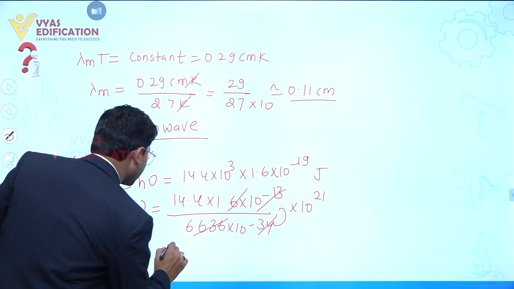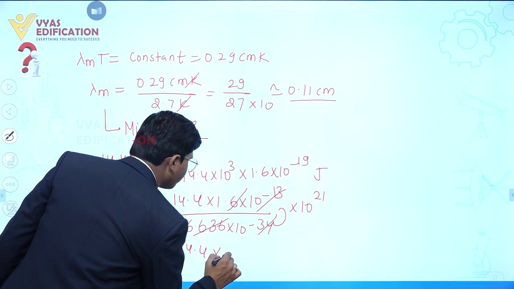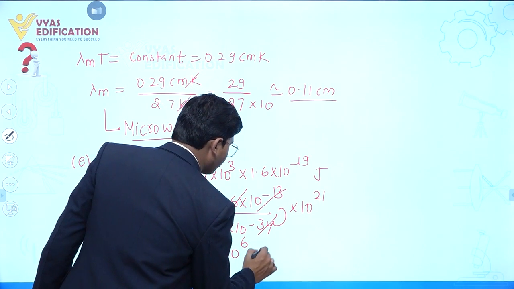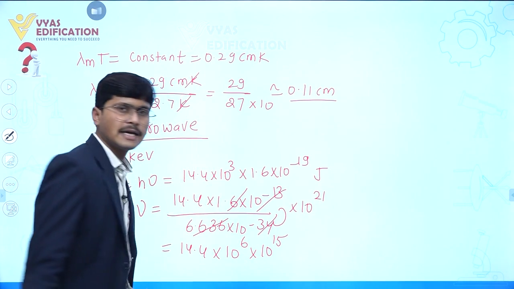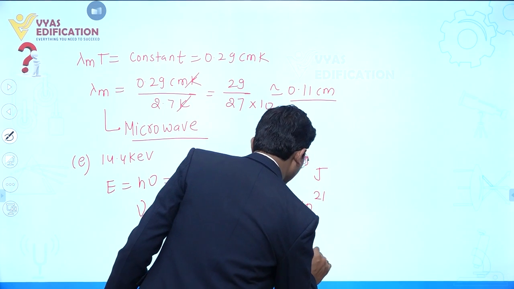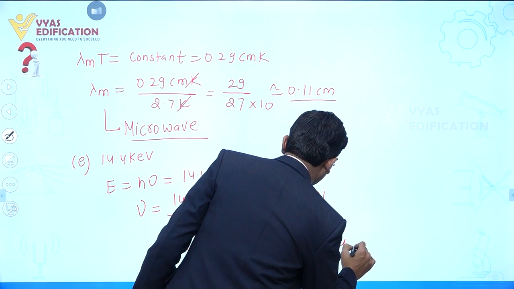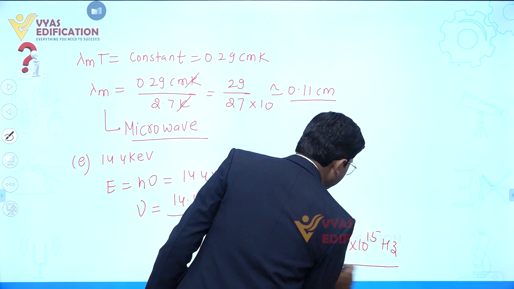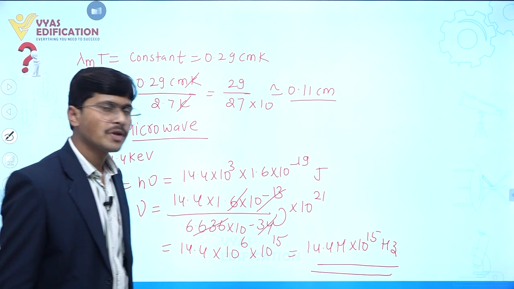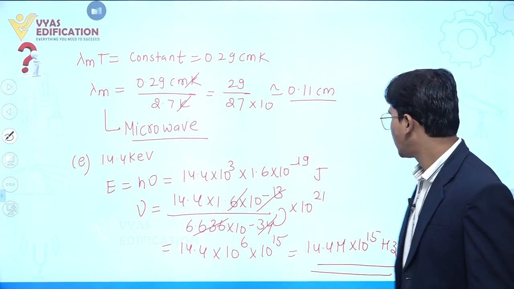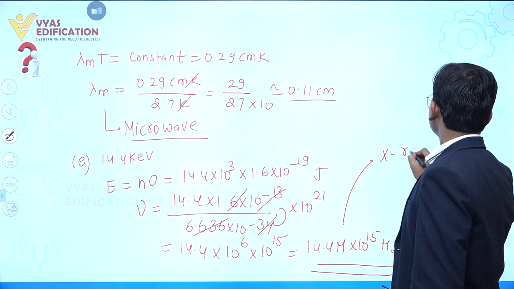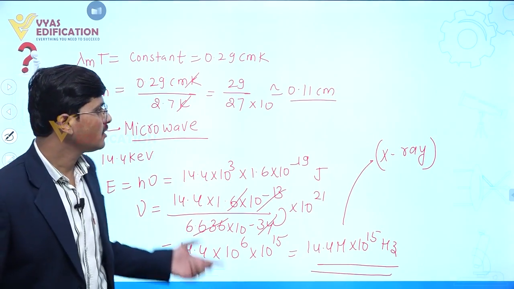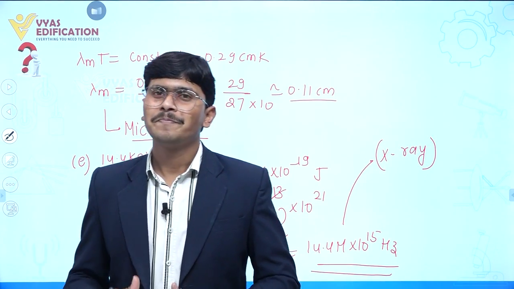So we can write this as 14.4 into 10 to the power 6 or into 10 to the power 15 hertz, clear. This is a very high frequency, and this frequency range lies in X-rays, clear. So the electromagnetic spectrum region related to this range is X-ray, clear. So this is all about this question, clear.